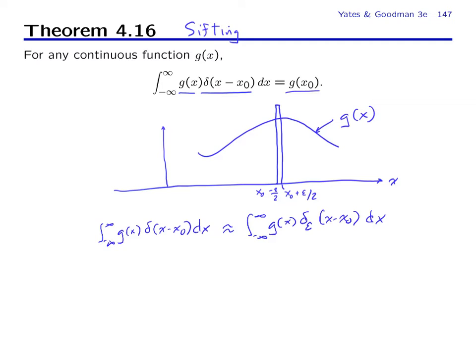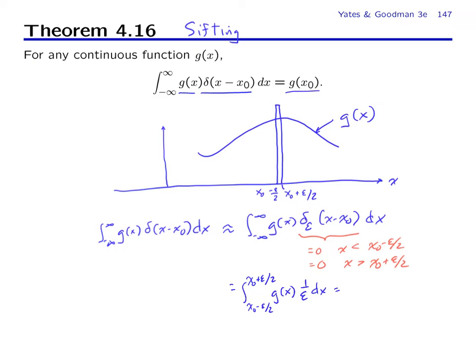And now when we look at this function, we know that it is equal to 0 for x less than x0 minus epsilon over 2, and it's equal to 0 for x greater than x0 plus epsilon over 2. So in fact, this integral is equal to the integral from x0 minus epsilon over 2 to x0 plus epsilon over 2 of g of x times 1 over epsilon dx.